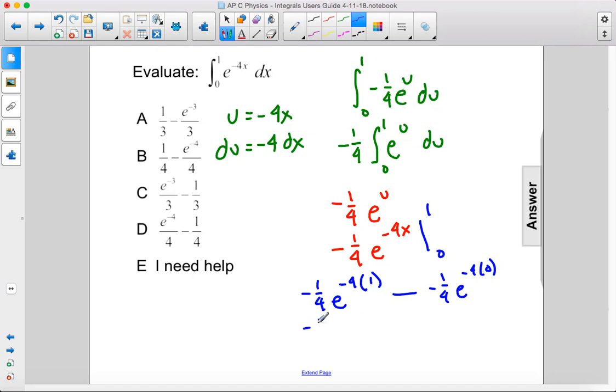When we have negative 1/4 e to the negative 4th minus, well, plus, because these two negative signs will cancel out, plus 1/4 e to the 0. E to the 0 is 1, therefore this will be 1/4 minus e to the negative 4th divided by 4, which is b.